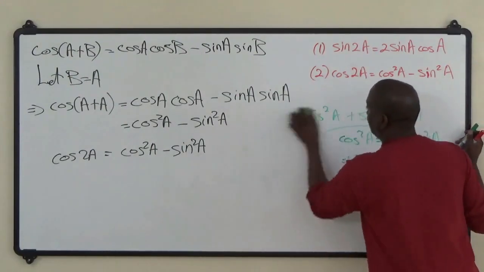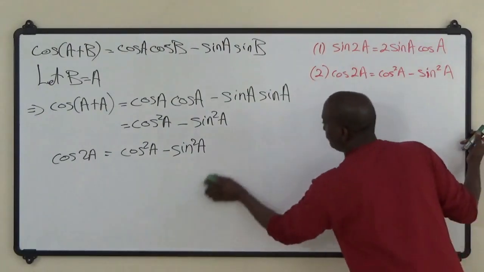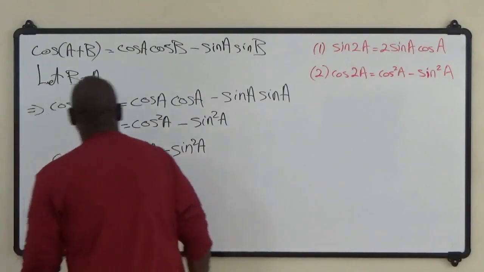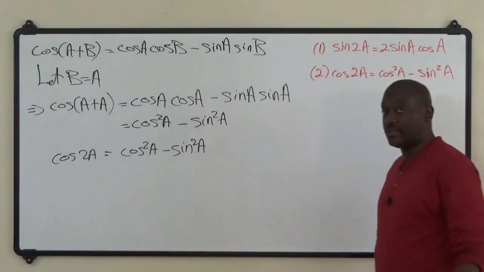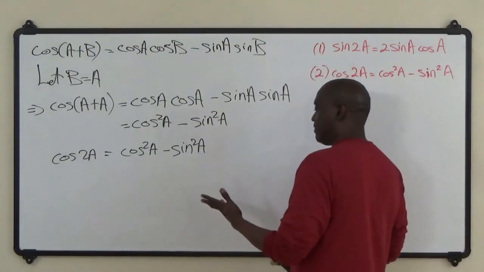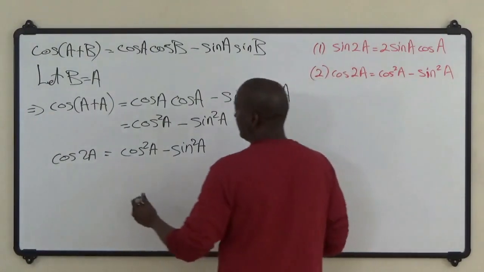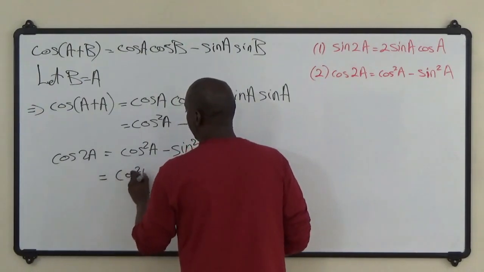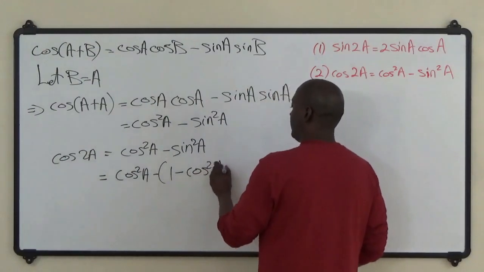So, we go in again. We want to express cosine of 2a in terms of cosine a. We substitute for sine squared a. We know that sine squared a is 1 minus cos squared a. So this will be cos squared a minus 1 minus cos squared a.